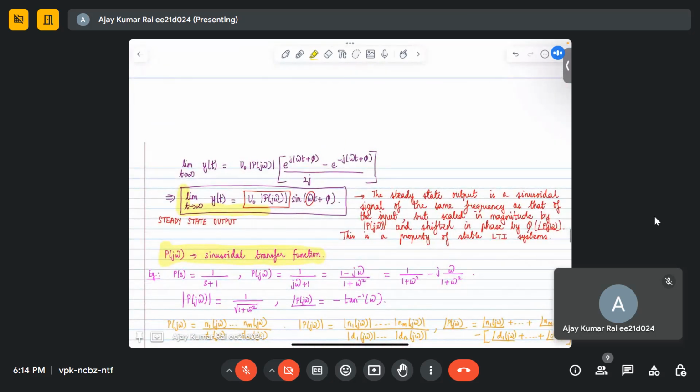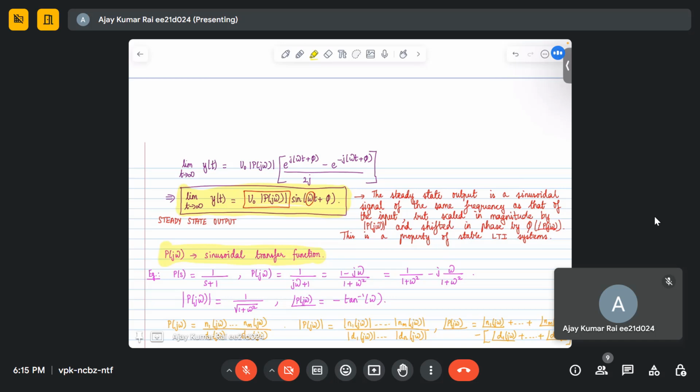So at steady state, what is happening? At steady state, your y of t is a sinusoid. If you remember, in the previous case, if you gave the input as a step, the output was also a step, depending on whether it is an overdamped, underdamped, or critically damped system. But in this case you are getting a sinusoid.